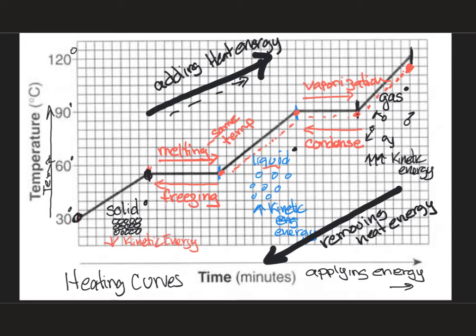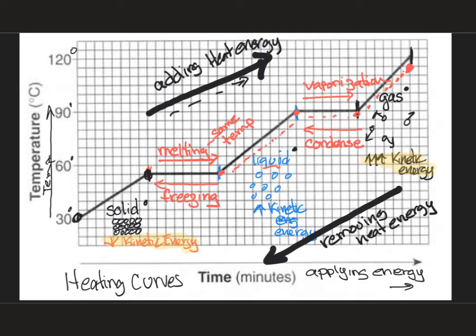Some of the things that you probably should know, and I'm going to highlight them for you, is that on the solid side, we have, let me get my highlighter out. There we go. That on the solid side, we have a low kinetic energy. And on the gas side, we have very high kinetic energy.